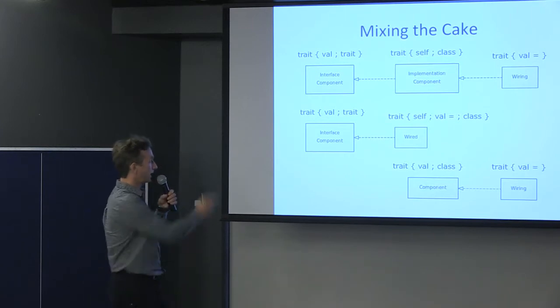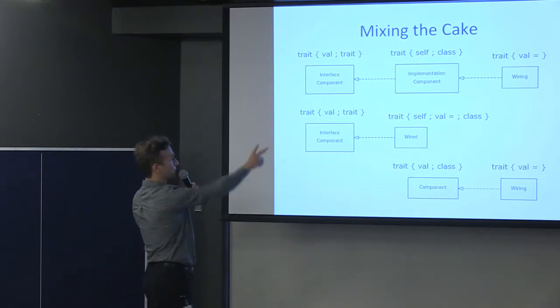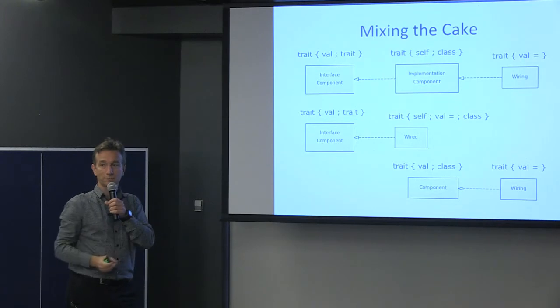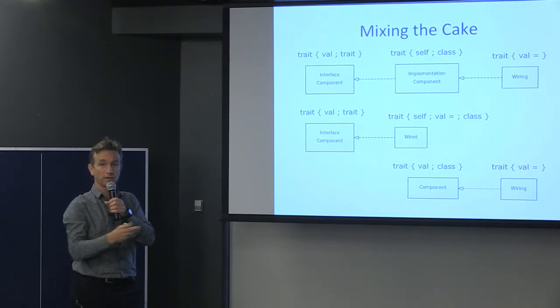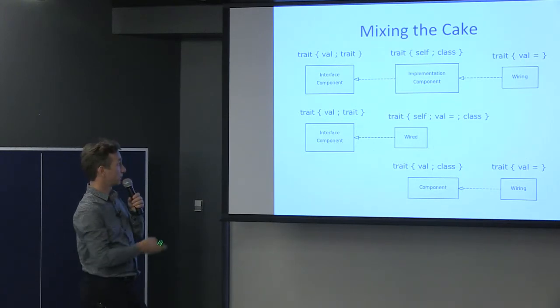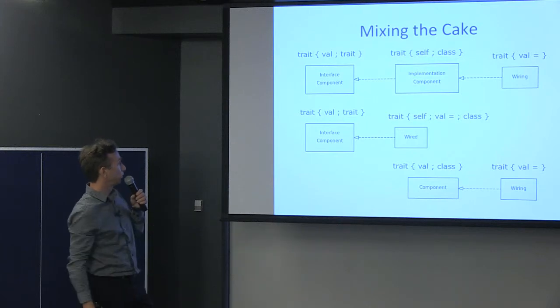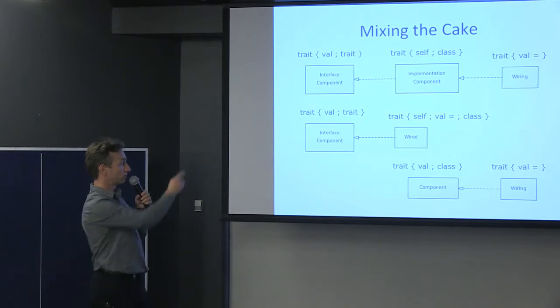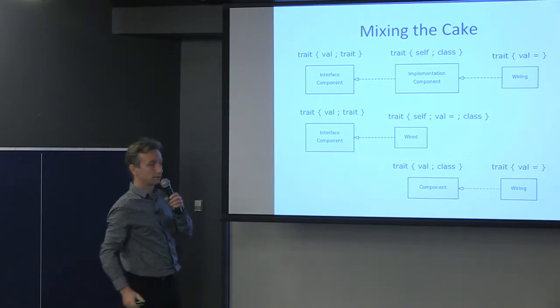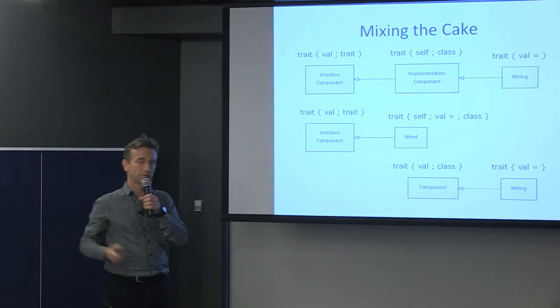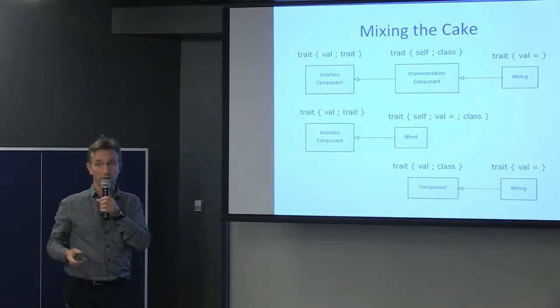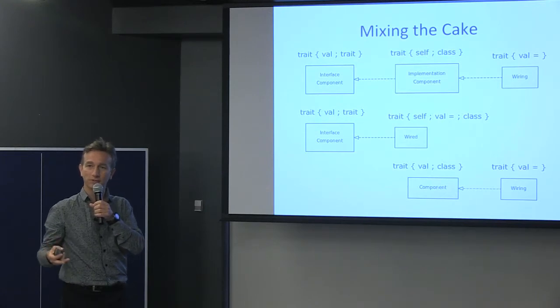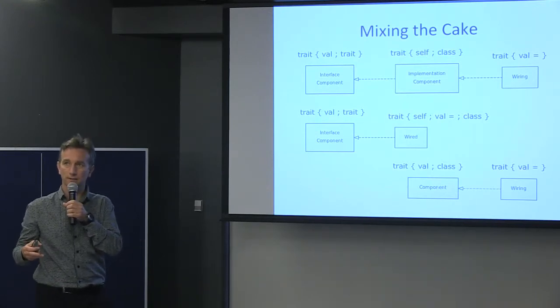We can take any 2 of these, the left 2 or the right 2, and collapse them so that we end up with a cake that's 2 layers. In the first case, we keep the interface component free, and we do the implementation and the wiring all in one. The convention that we found very useful is to call that a wired class, the distinction being that wired has implementation and wiring all together.